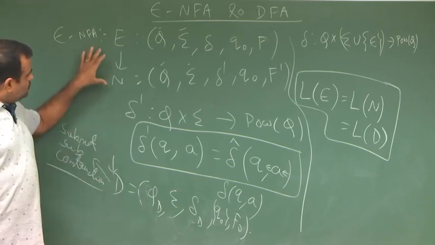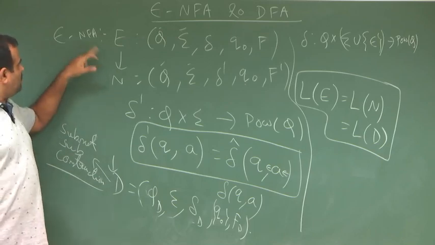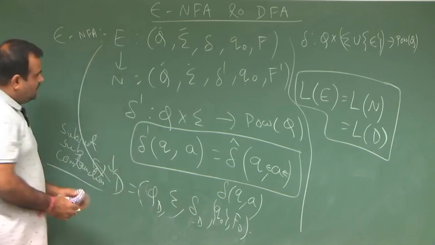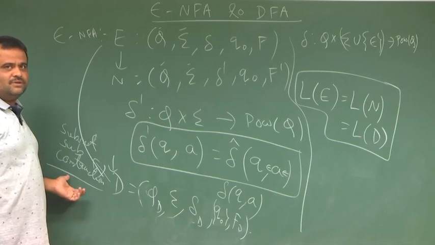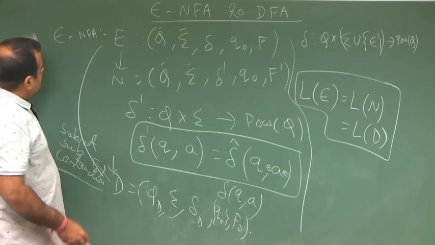Now we will see how we can come directly from this ε-NFA to a DFA instead of going via the NFA. That is also a variant of the subset construction, so we will see that now.